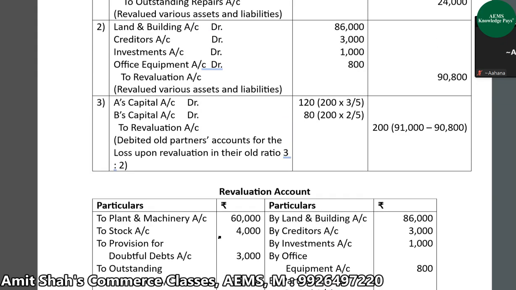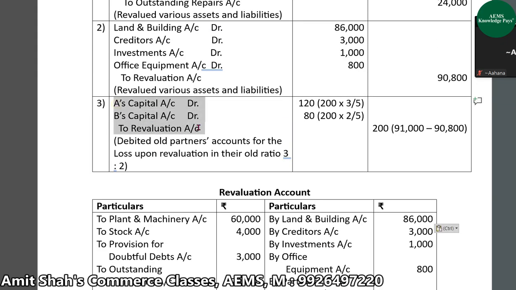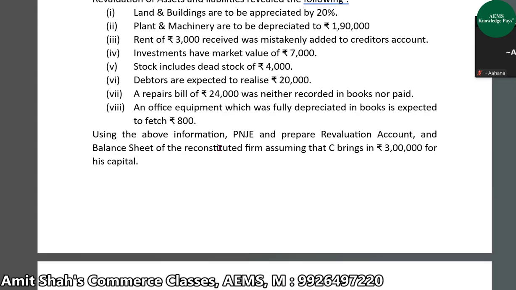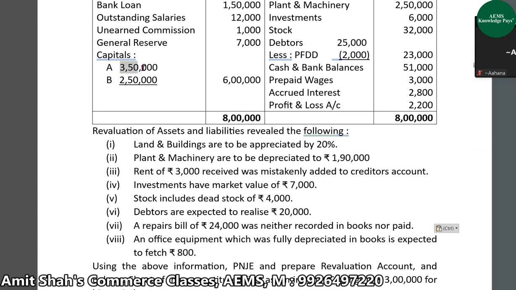Now if you see here in the last entry, to divide the loss upon revaluation among the partners, we debited, that is we decreased the capital balances of A and B by rupees 120 and rupees 80 respectively. So their capital balances have changed because of this loss upon revaluation, and they have decreased. Earlier A's capital balance was 3 lakh 50.